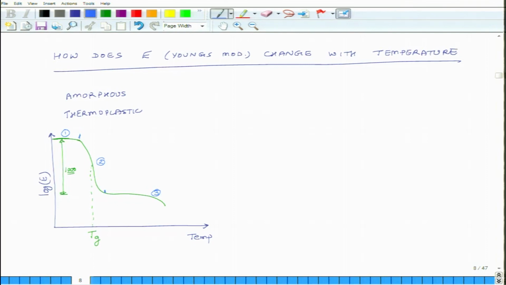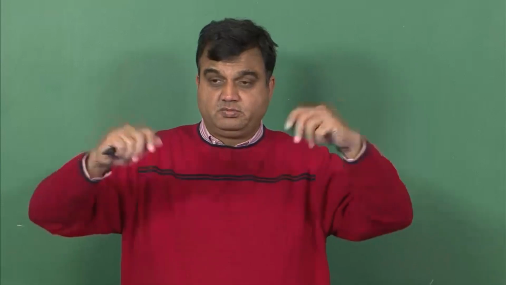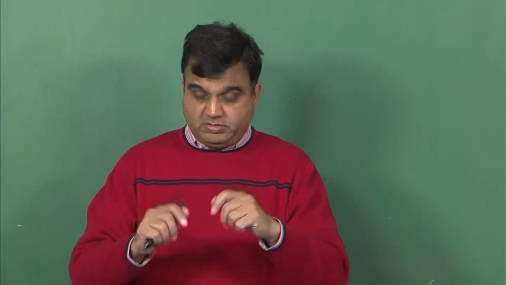So, you break it, it will crack and things like that. But if you heat it, it becomes soft, and you bend it, then it will not crack, it will just deform. Same thing happens to glass also. At room temperatures, you bend it, it cracks, but at high temperatures, you bend it, it will just change its shape. So, this is glassy behavior.